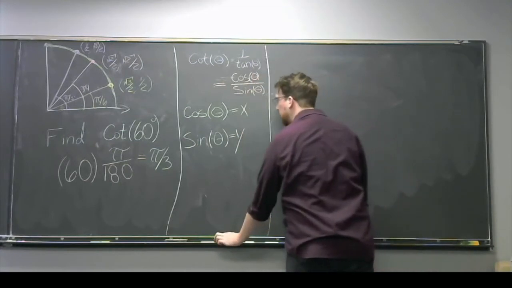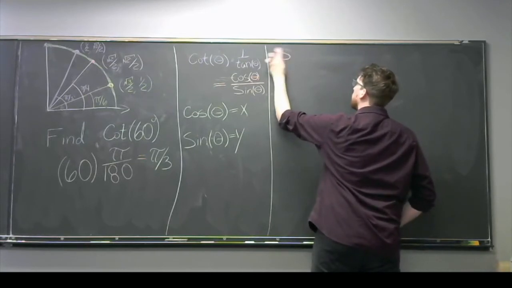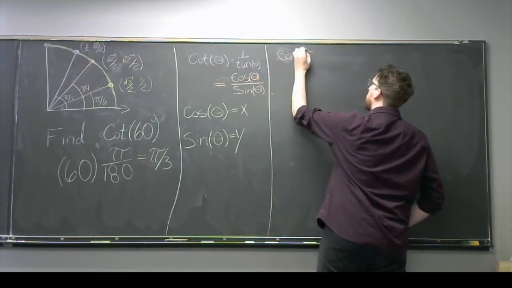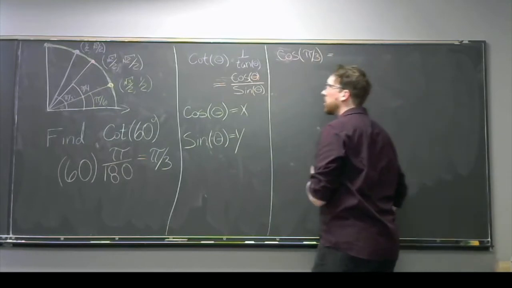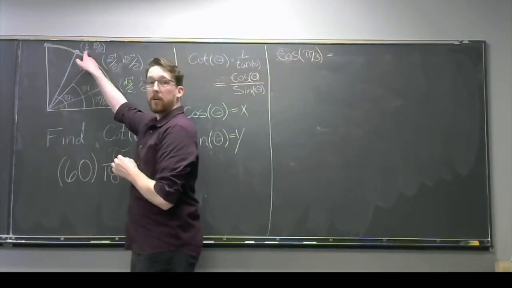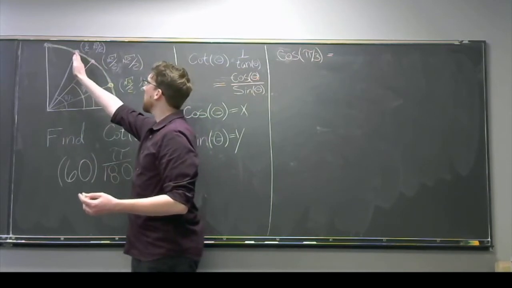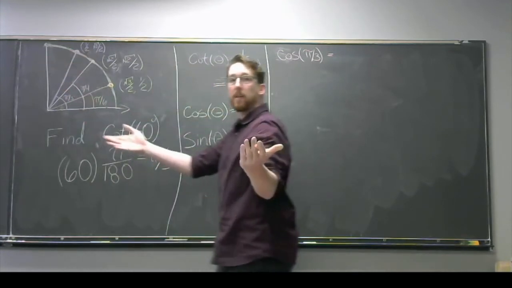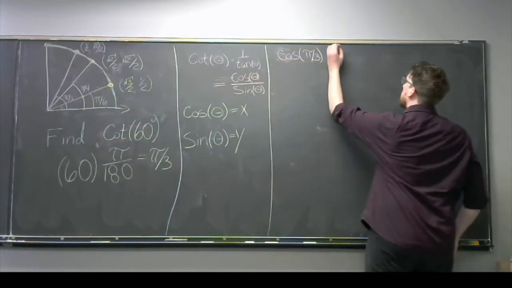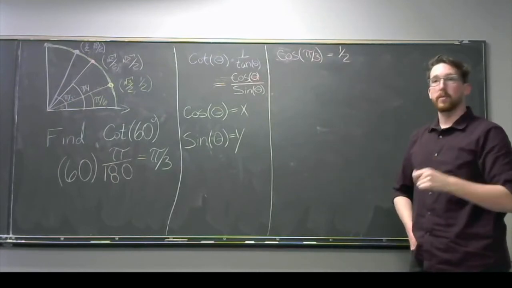Based on my unit circle, cosine of pi over 3 is equal to the x value at pi over 3 radians up along the edge of our circle. Well, the x value there is 1/2. So cosine of pi over 3 is 1/2.